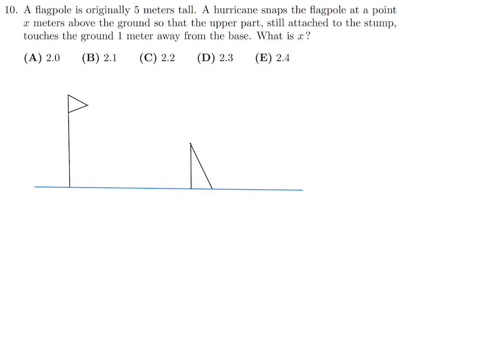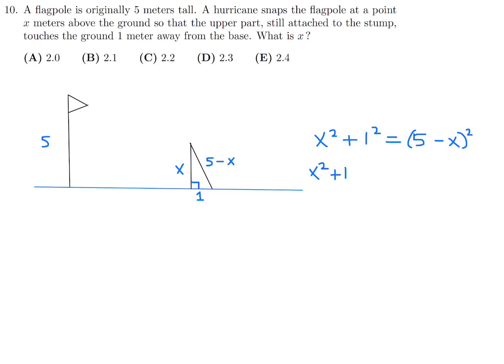So we are told that it's x meters above the ground, and it is 1 meter away from the base, so that's 1. And then this distance, of course, since the whole thing was 5, is going to be 5 minus x. So we've got a little Pythagorean relationship, so we can solve for x. x squared plus 1 squared is equal to (5 minus x) squared.